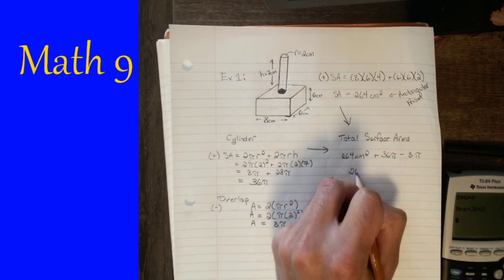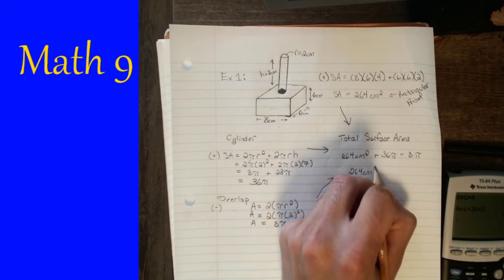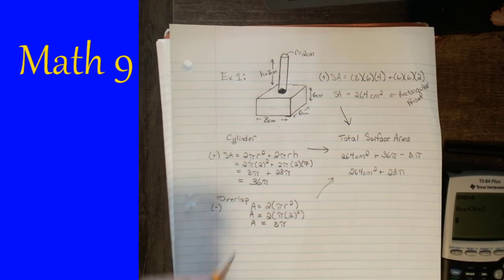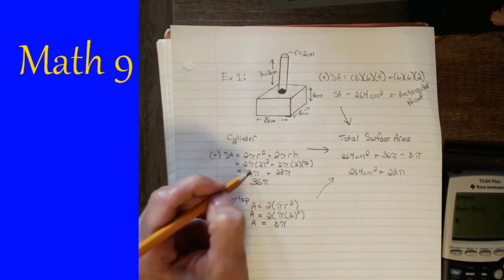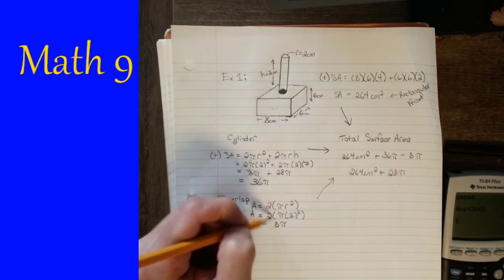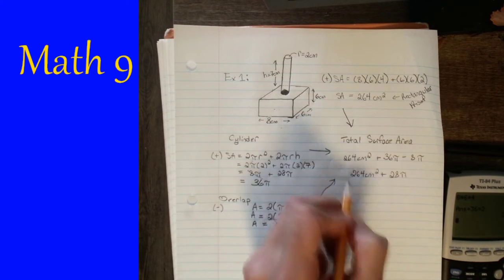So we have 264 centimeters squared plus 28 pi. You may have seen as we were going through this, you have 8 pi plus 28 pi minus 8 pi. So those two just cancel, and you're left with the 28 pi.